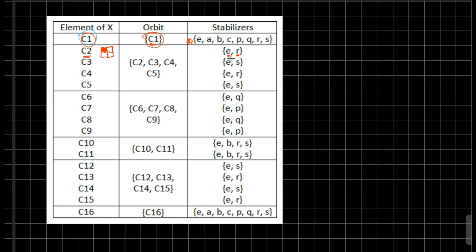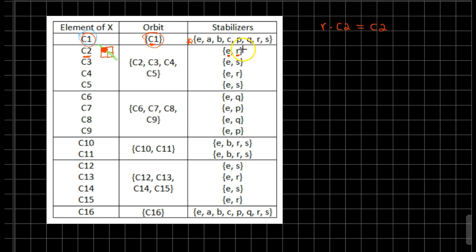So consider a coloring along this diagonal. Obviously our C2 will remain as it is. So applying in that case R to C2 will give you C2.